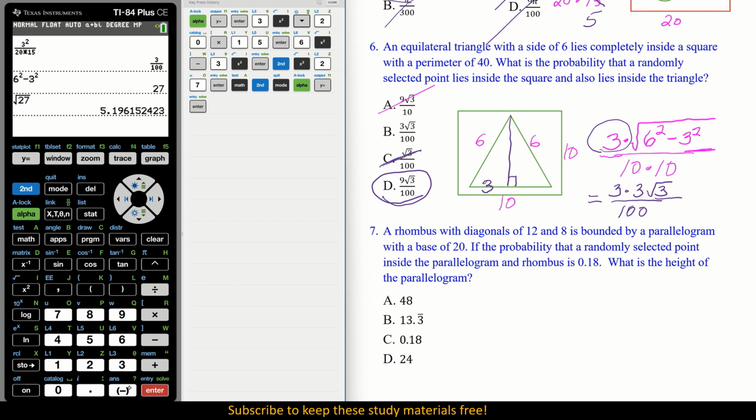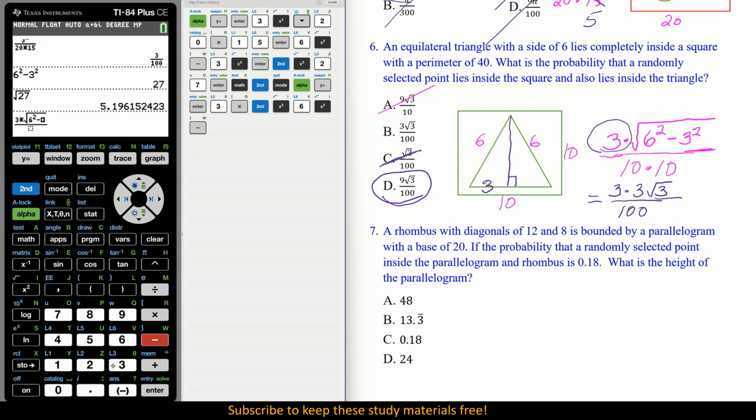Second y equals, all right. So we're saying it's a base of 3, times, and under the radical 6 squared minus 3 squared all over 10 times 10. Okay, let's push enter.